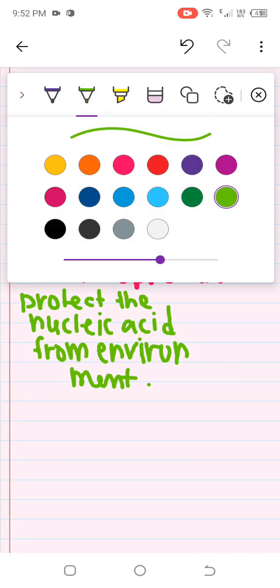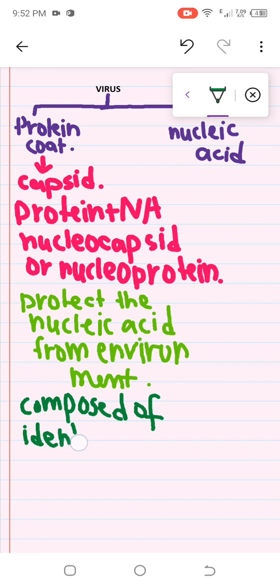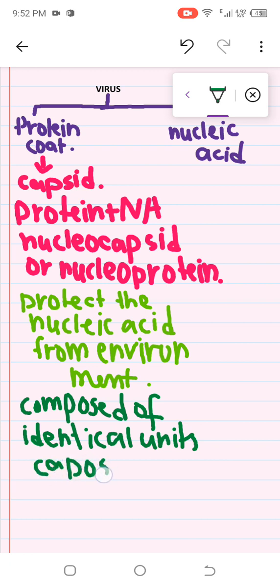It is composed of identical units, which are called capsomers. So what are capsomers? Capsomers are the units together of which one capsid is formed.